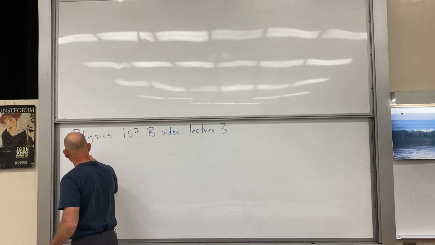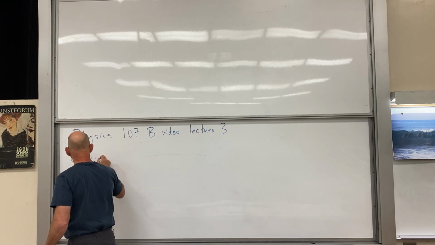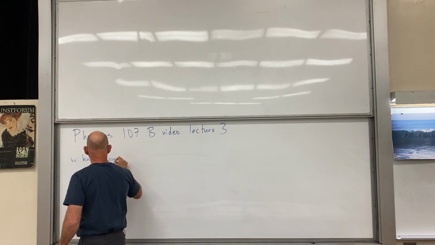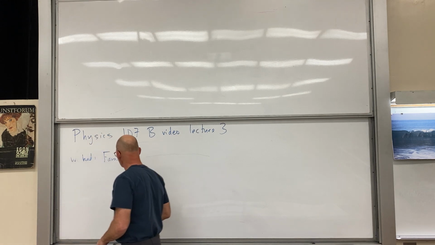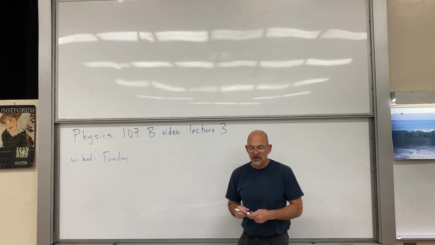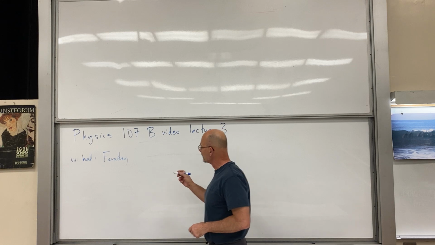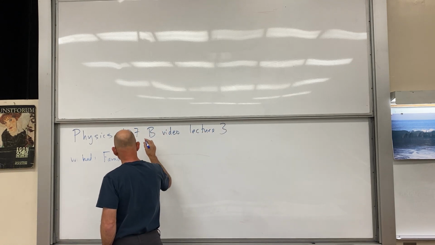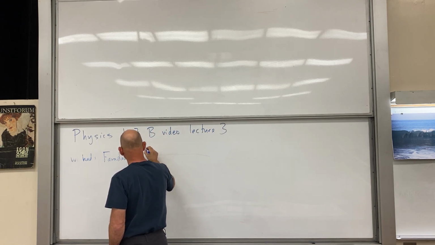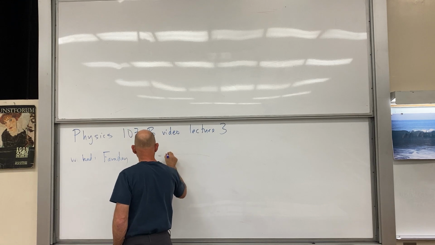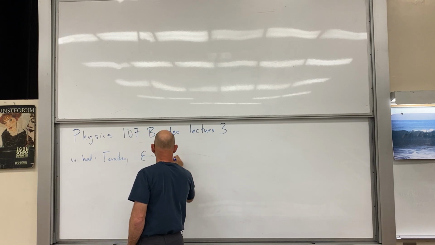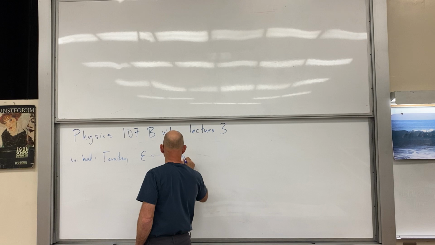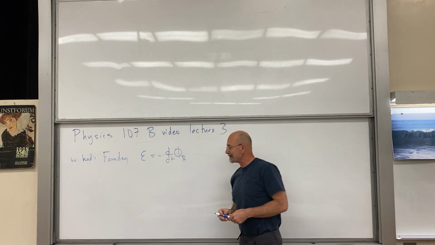We had Faraday's law and some interesting applications that led to it, and then the law itself. So we'll just write that we had this EMF equals minus the time derivative of the magnetic flux.